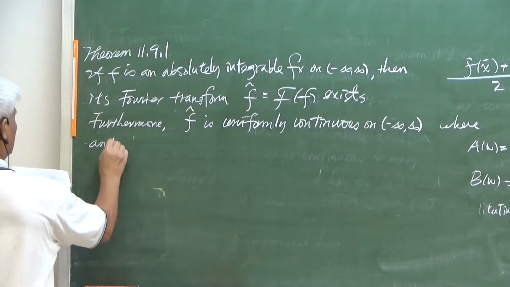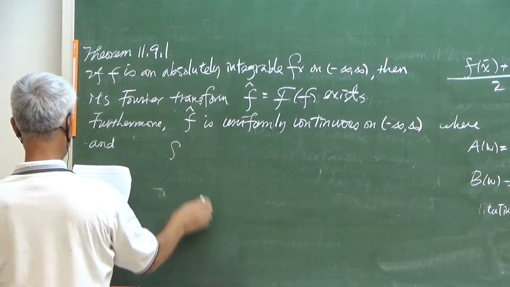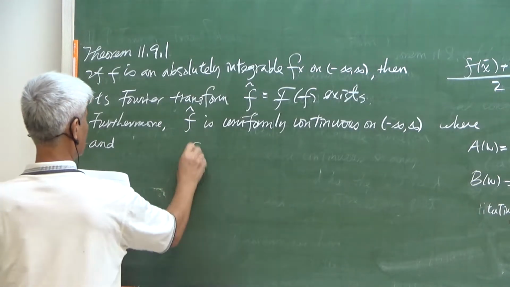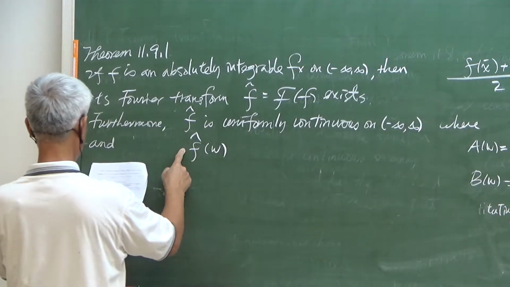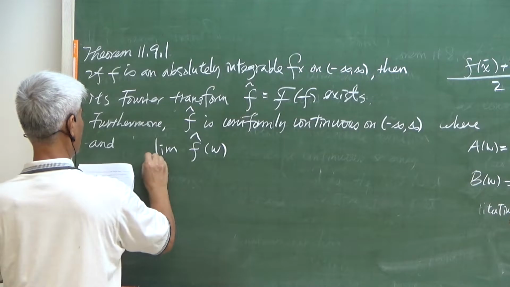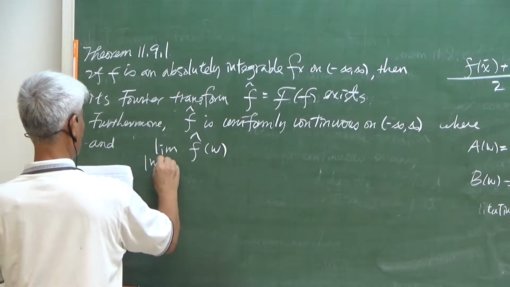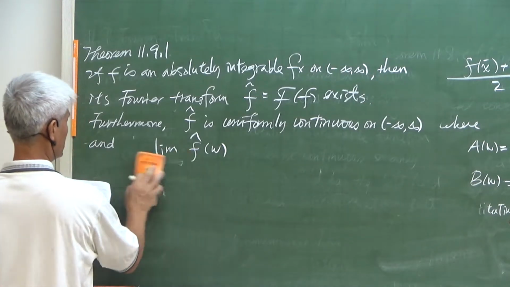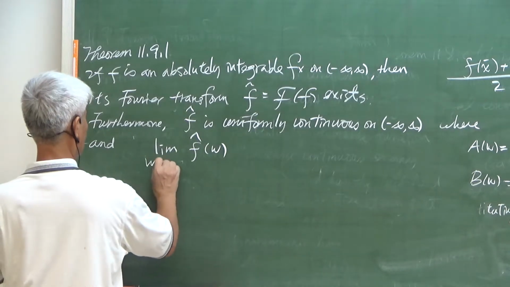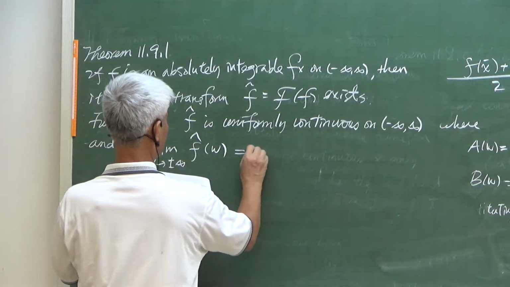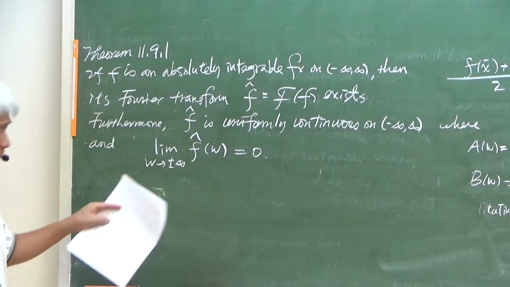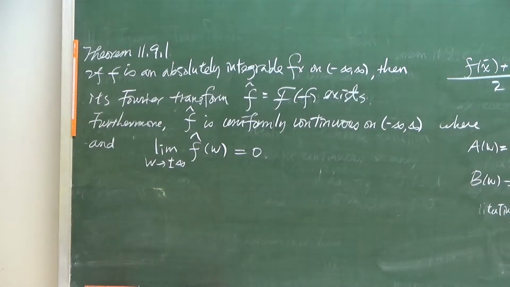And we have that the value of the Fourier transform as w goes to plus or minus infinity is equal to 0. This is basically the Riemann-Lebesgue lemma. Okay, look at here.